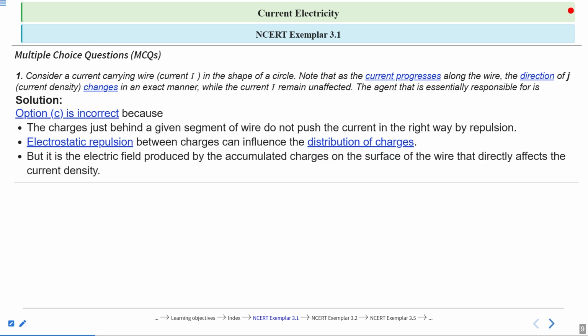It is the electric field produced by the accumulated charges on the surface of the wire that directly affects the current density. So electrostatic repulsion only influences the distribution of charges. It will not change the current density. Current density is changed by the electric field produced by the accumulated charges.